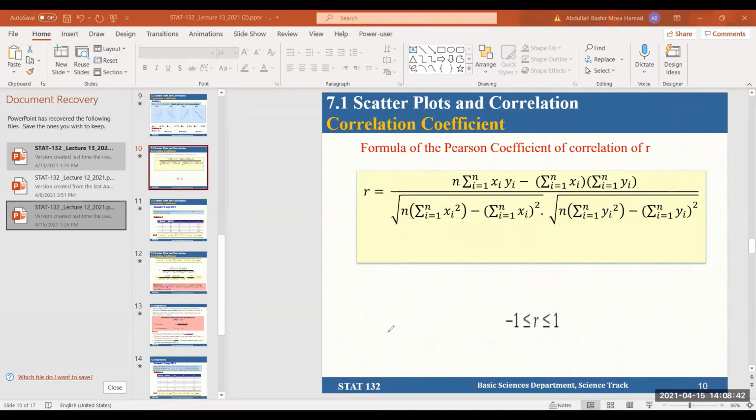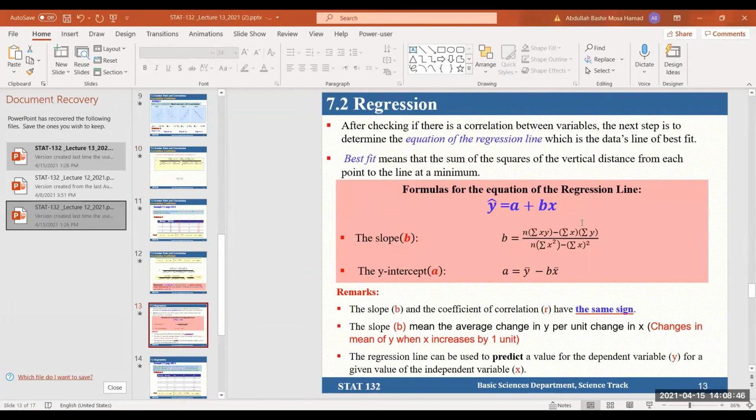Let's go back to how to compute the slope. Here we have mentioned the slope has the same sign as the correlation coefficient. The slope means the average change in y per unit change in x. For example, if we say y equal 50 plus 1.5x, this means y changes by 1.5 if we change x by 1 unit.